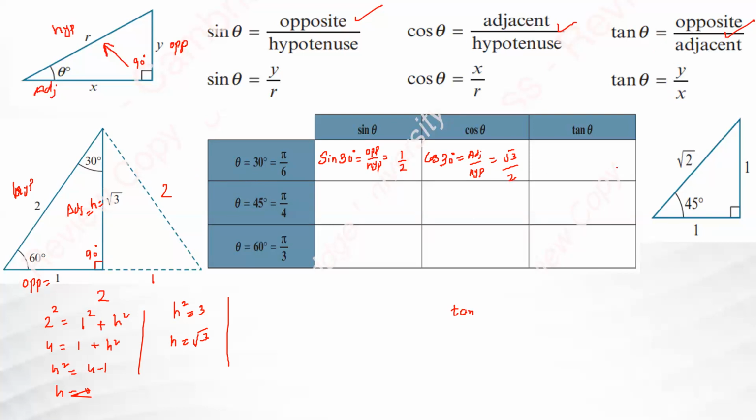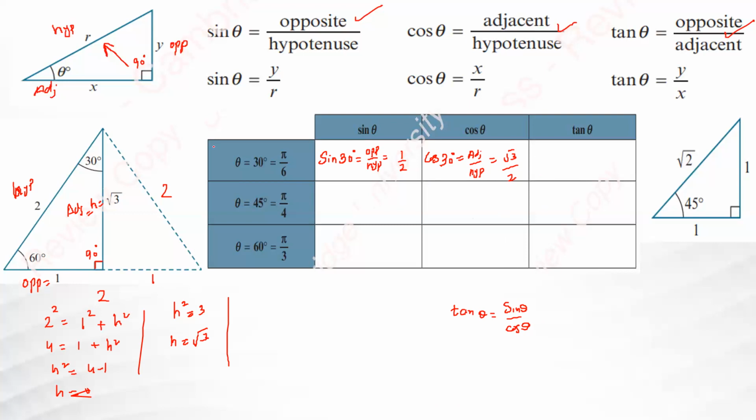One way is opposite over adjacent, the other way is tan theta is equal to sine theta over cos theta. You can apply this one: 1 over 2 divided by the square root of 3 over 2. So at the end you will get the square root of 3.